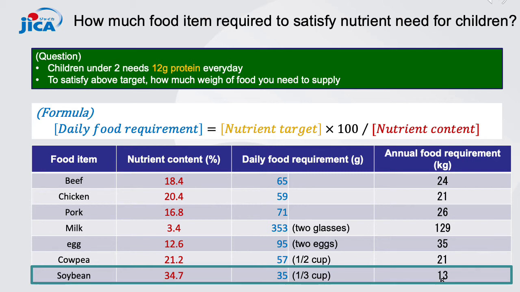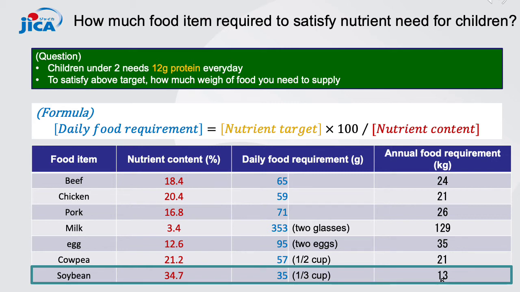You can apply this formula. So daily food requirement. For example, in case of beef, how much beef is required to satisfy the nutrient target, 12 gram of protein? We can use two numbers: nutrient target, which is currently 12 gram, and nutrient content, that is protein content listed here. So each food item has a different number of nutrient content.